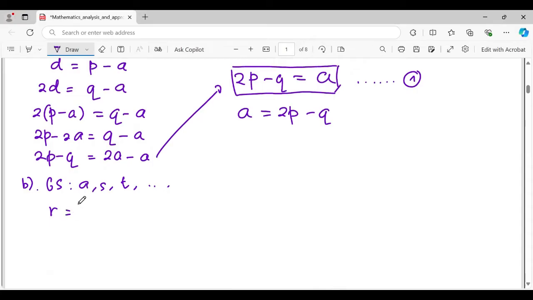R equals S over A, R squared equals T over A. And then R squared equals S squared over A squared.